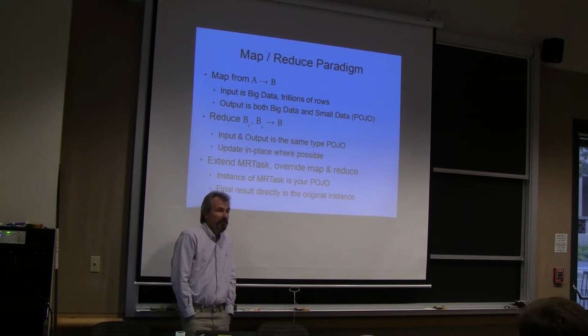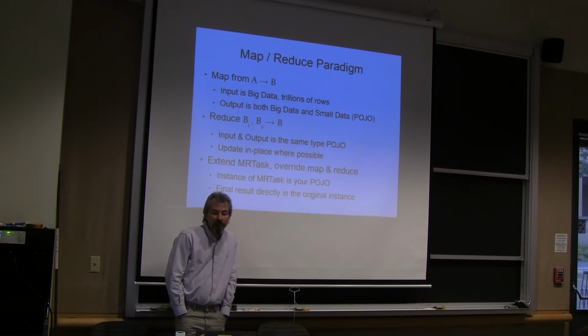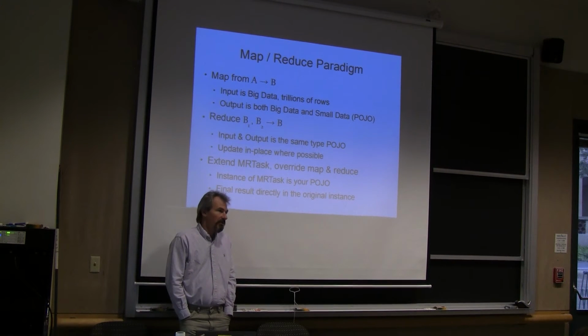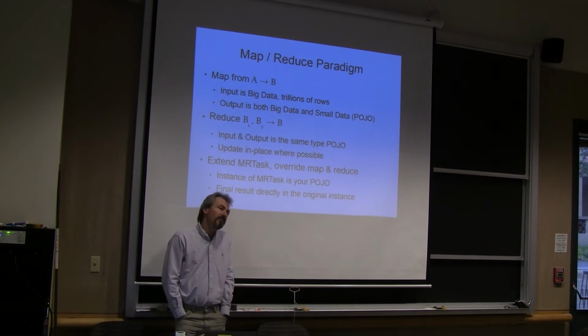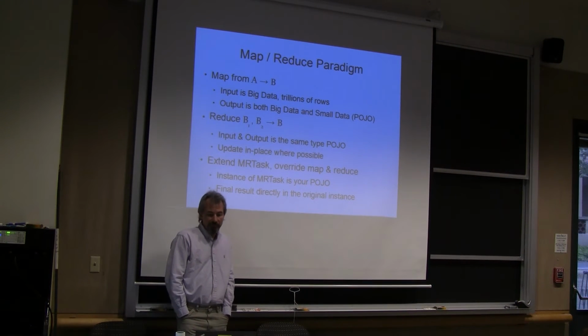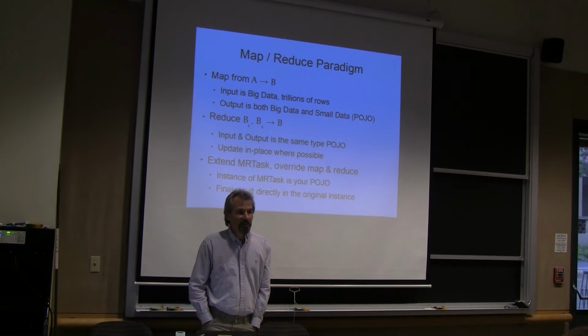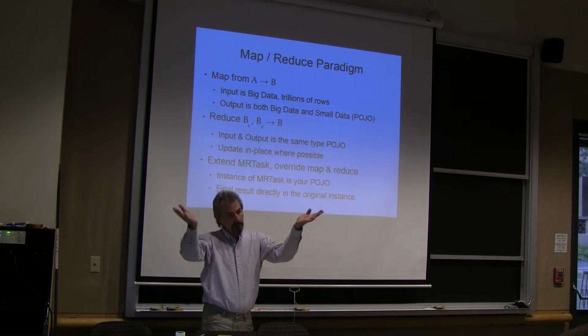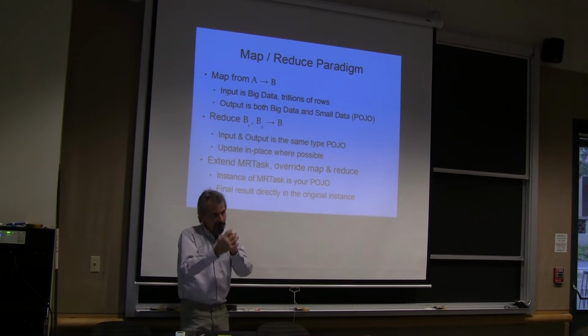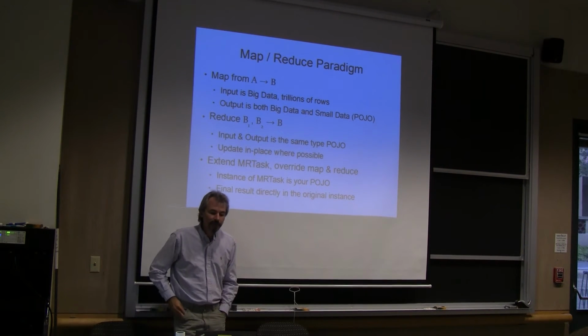By definition, it's too big to fit on your one machine. And the small piece will be whatever you get out of a reduction or a rollup. So I call Pojo here, it's a plain old Java object, some piece of Java structure you've written that you're going to put results into. So reduction then takes two B objects and makes a single B, and that's how you keep collapsing from the trillions down to something that will fit on one node as a simple result.